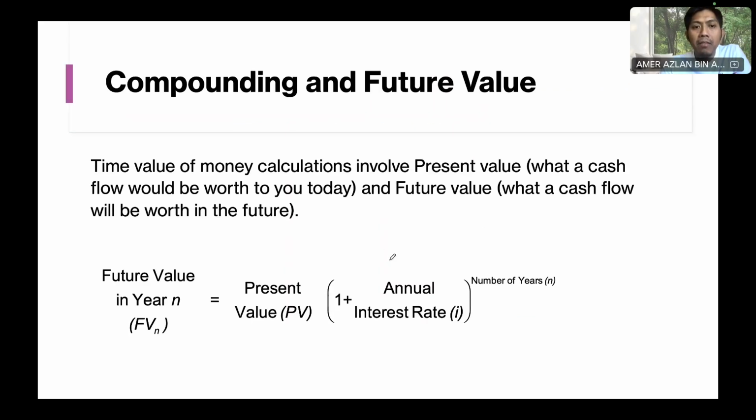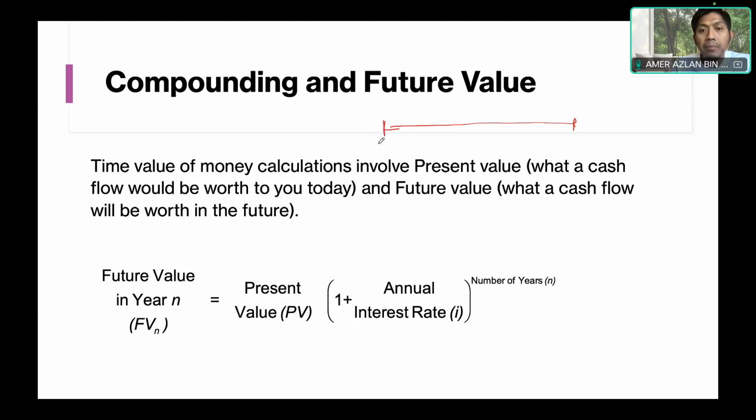All right, so the time value of money calculations basically involve calculating the present value and also the future value of money. Let's go with the first one, compounding and future value. In calculating future value, the idea is that we want to see what would be the future value of the money that we receive today.